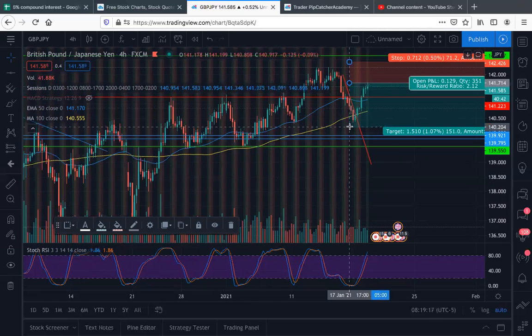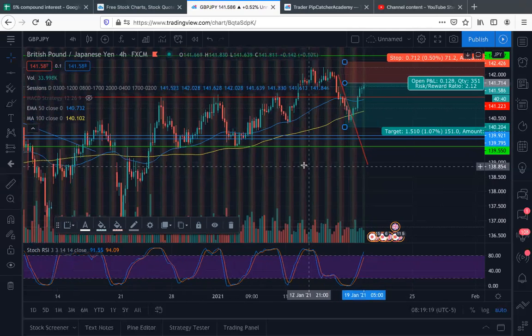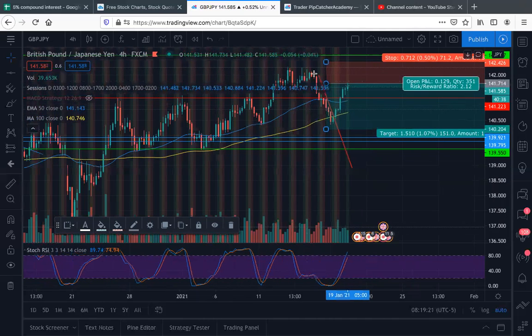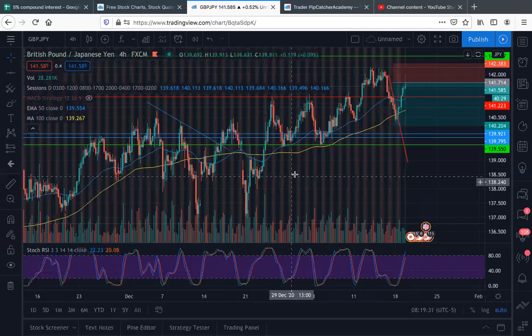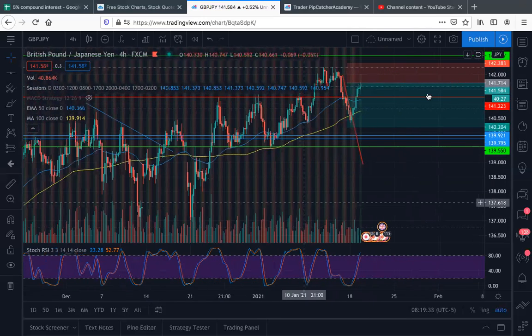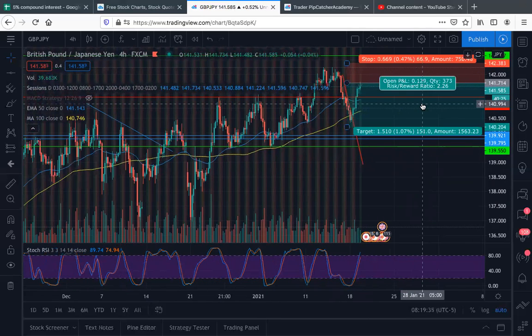Let's bring our TP up just a tad. We definitely don't want to break the high that's the head and shoulders here, right? So I think I feel more comfortable with that. It gives us a 2.26 risk to reward.